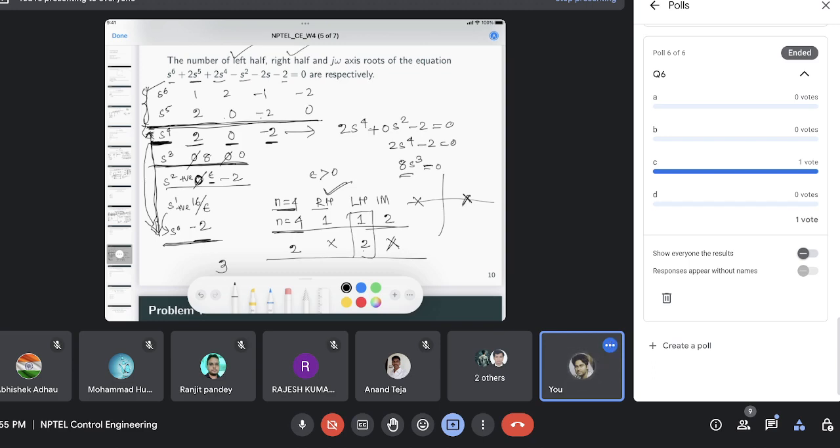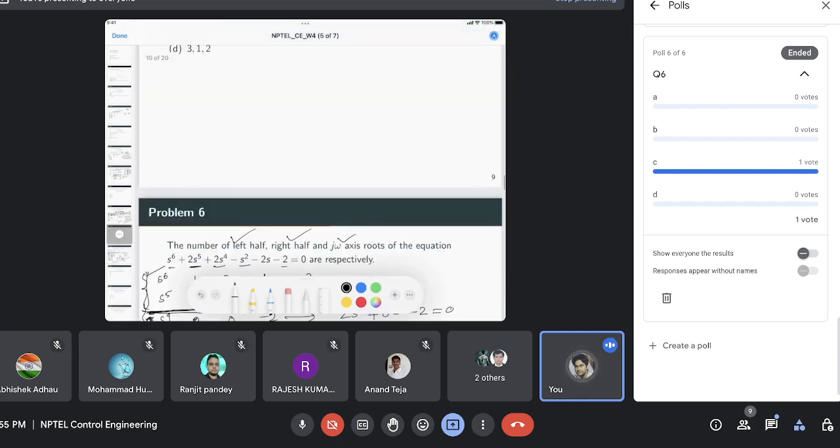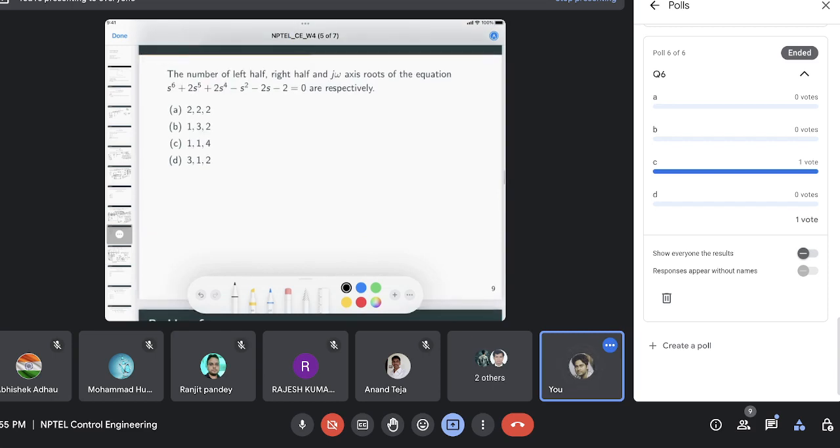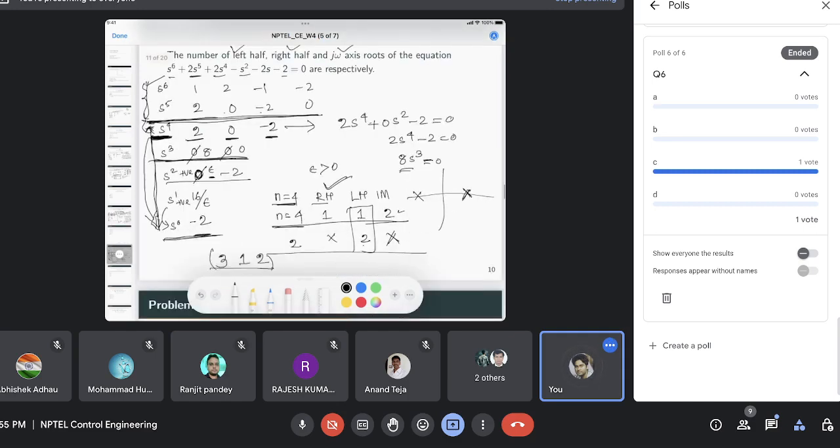Then right half you have 1. In the imaginary axis you have 2. And the total is 6 poles, right? So this is the answer: 3, 1, 2. Is it clear?